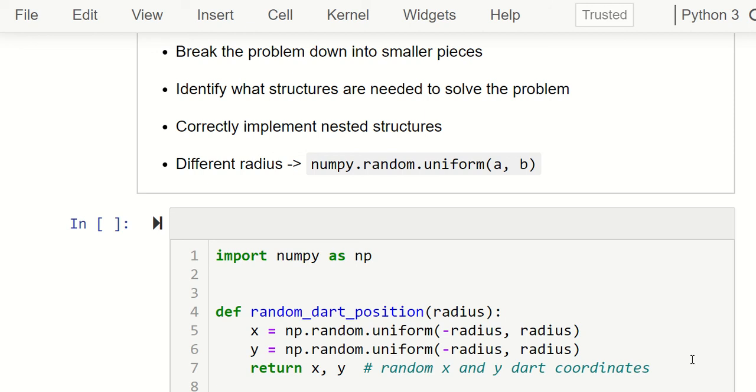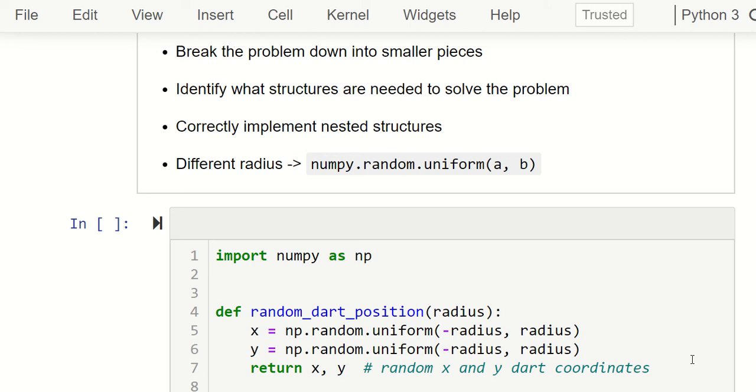And this function just has two statements, record 5, which is used to calculate the x-coordinate of the dart throw, and record 6 that calculates the y-coordinate of the dart throw, right?